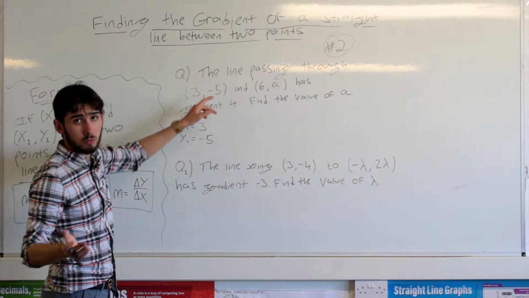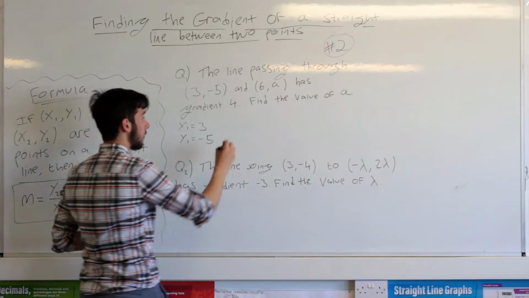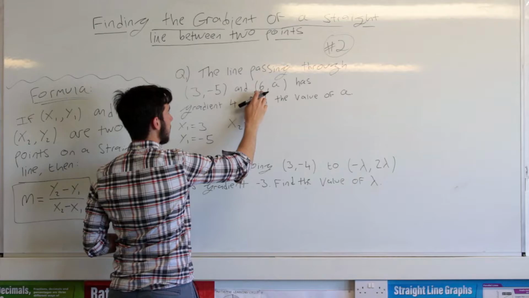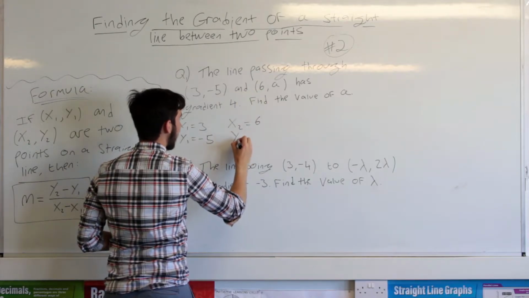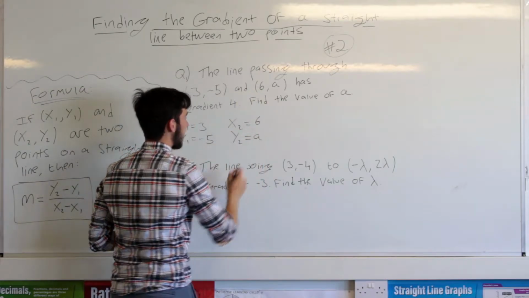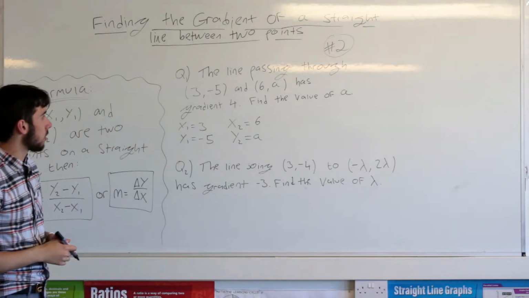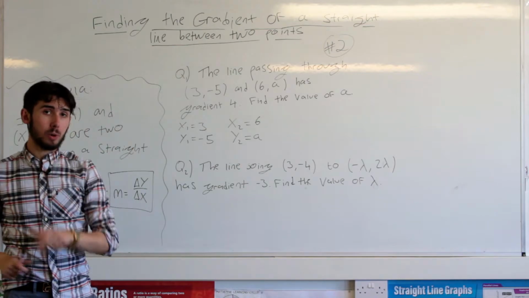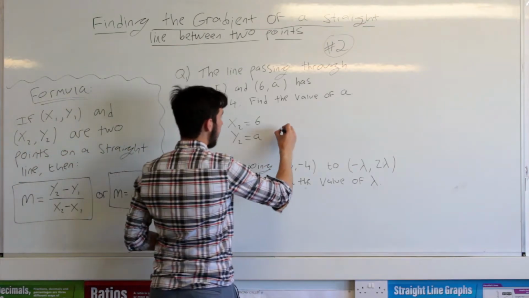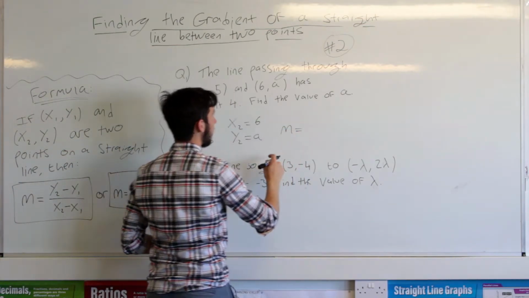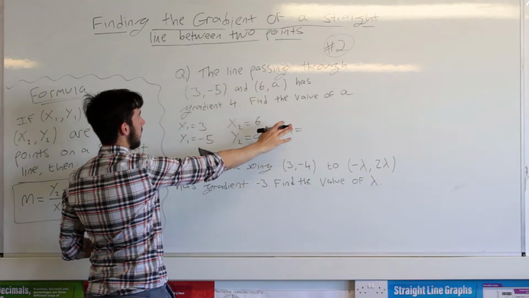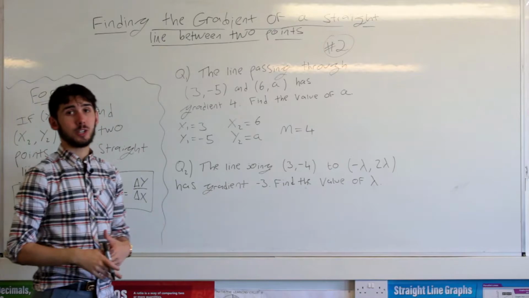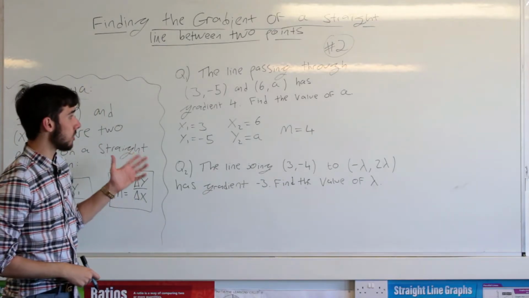Now, x2 is equal to 6, isn't it? y2 we actually don't know, but we know that it's equal to a, where a is just some arbitrary number that we're looking for. We also know one more bit of information: that m is 4. And it actually turns out we do have enough information to figure out what a is.